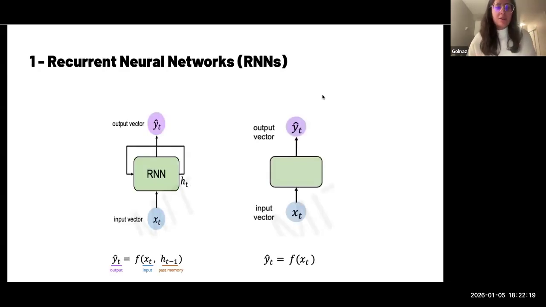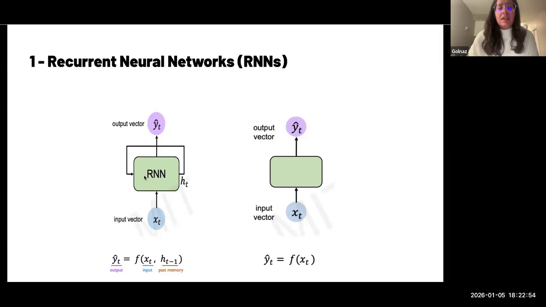Starting with the first type of neural networks that were designed for time series data, RNNs. On the right here, I have a simplified version of a perceptron where you have your input and then you get your output. This green box will make some computations on the data, but it basically just receives the input at a particular time step and gives you the output.